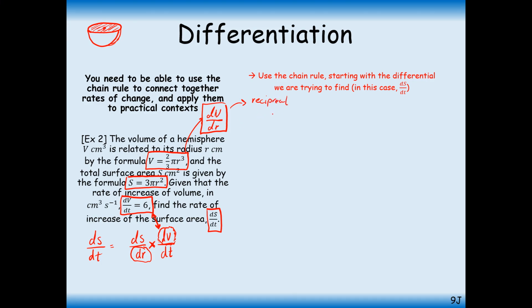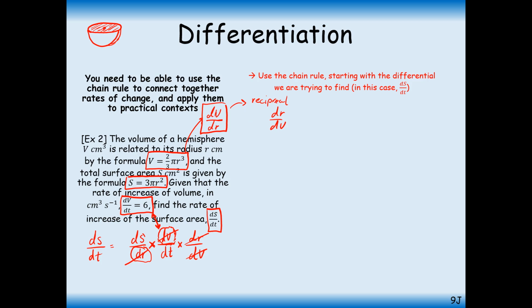So it would be dr by dV. If we multiply this expression by dr by dV, we get the cancellation that we want. This dr and dr will cancel away, this dV and dV will cancel away, and we get what we are looking for, dS by dt.